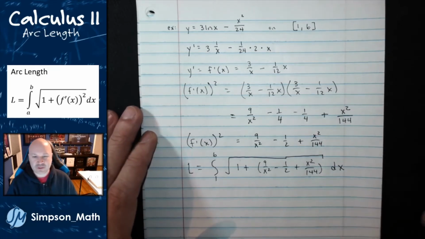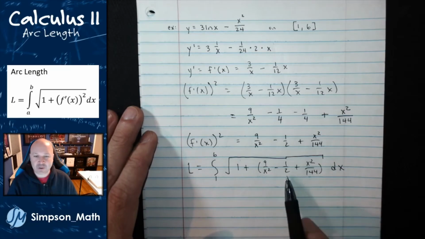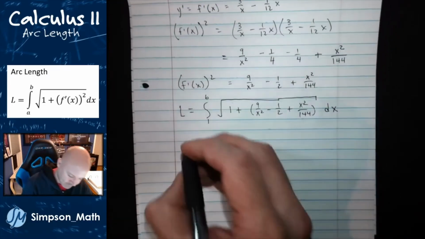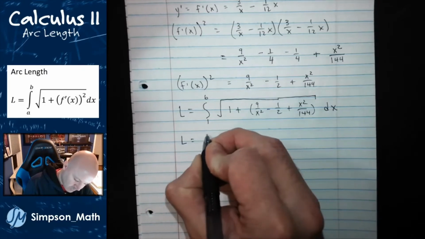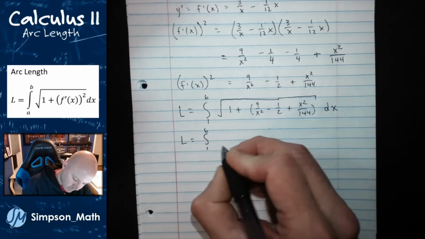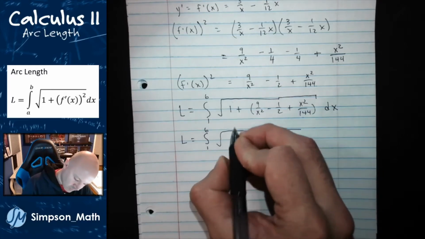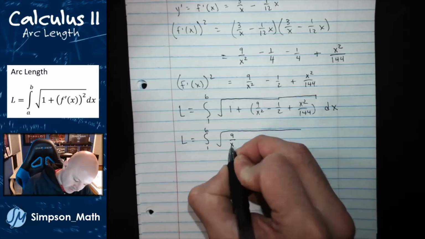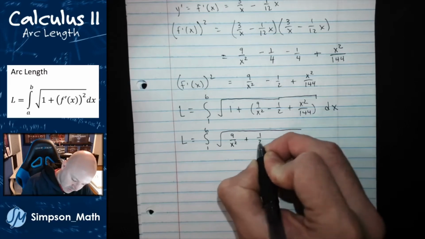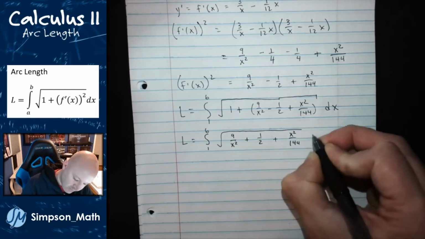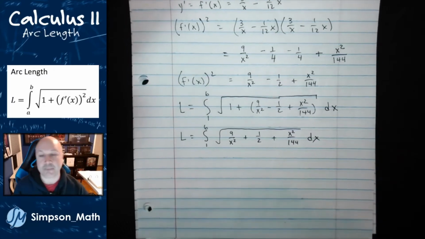Well, 1 plus a trinomial, I can add in like terms. 1 minus 1/2 is a positive 1/2. So I think I'll do it something like this. Plus 1/2 plus x squared over 144 with respect to x.